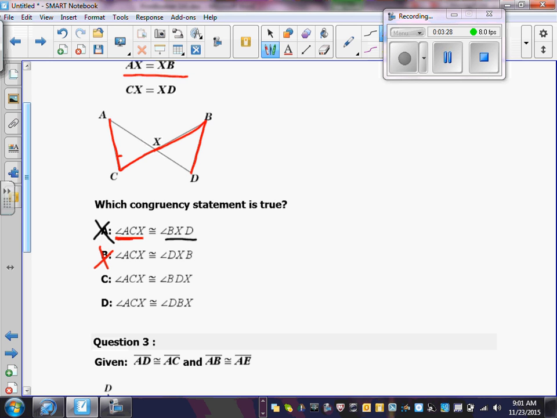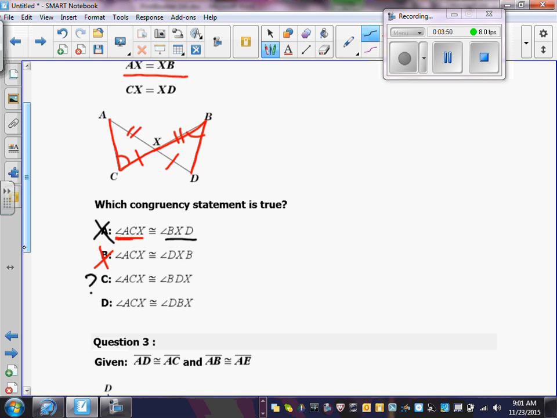So they're saying this angle is congruent to this angle, which I know this and this are congruent, and AX is congruent to XB. So is that true? I don't know, but let me check. I'll put a question mark on this one. It is possible for them to be congruent, but I don't think in this triangle. So let me see what D is.